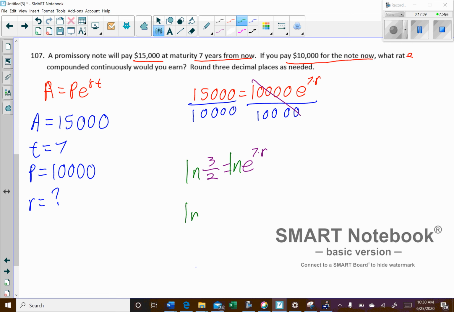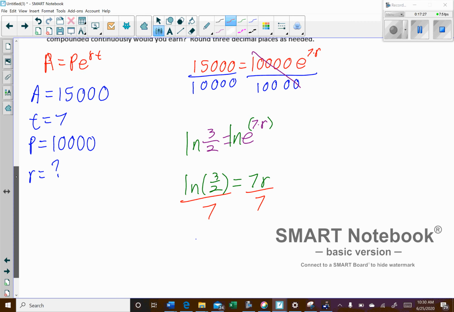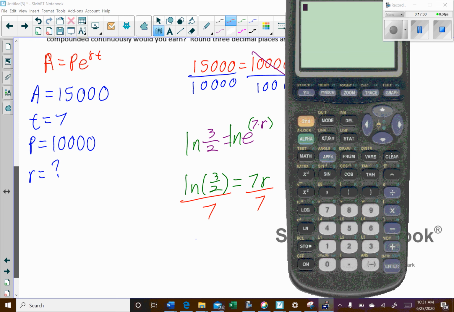So we'll get the natural log of 3/2 is equal to the exponent, 7R. And then we are going to divide by 7 on both sides, and this will give us our rate. So, natural log of 3 divided by 2. And then we're going to divide that by 7.